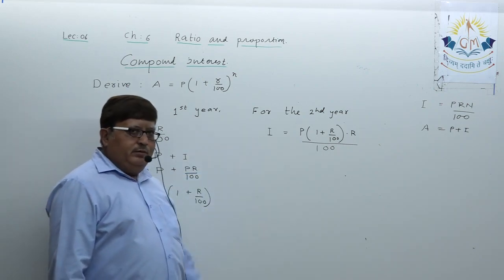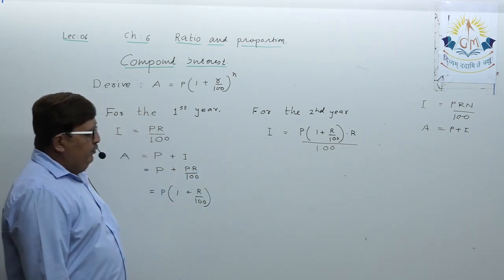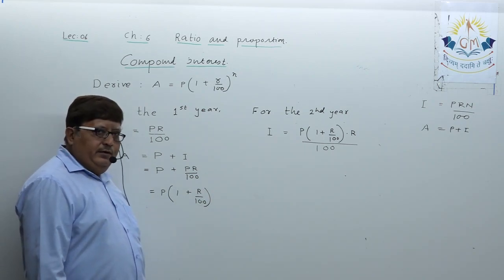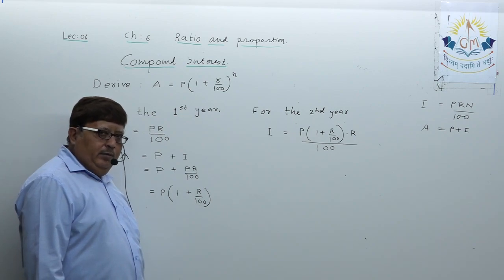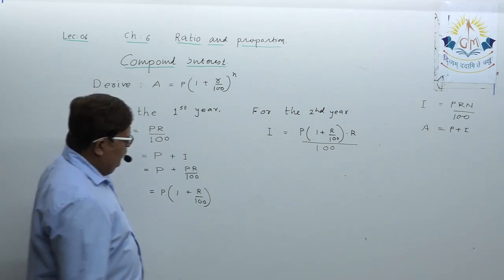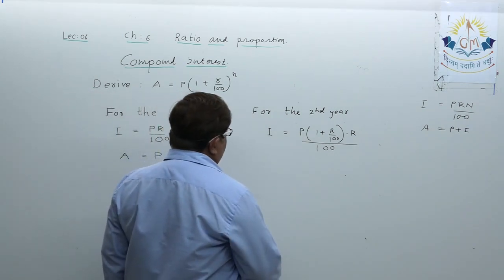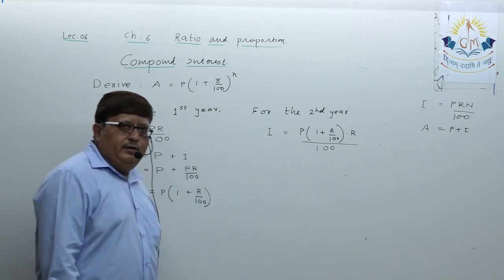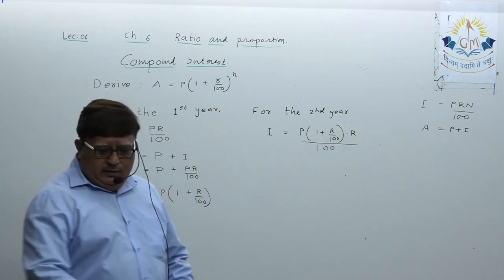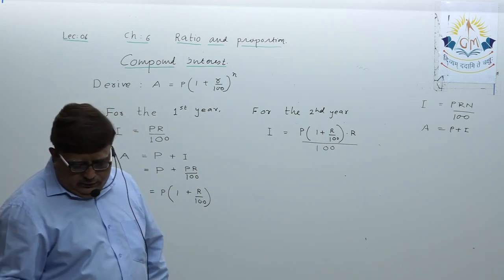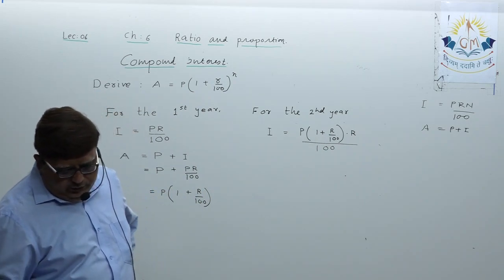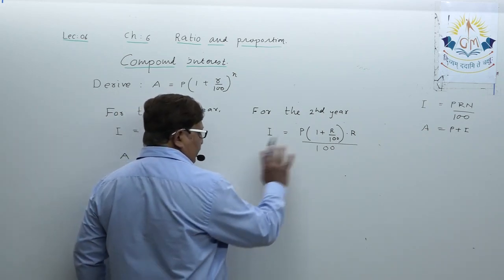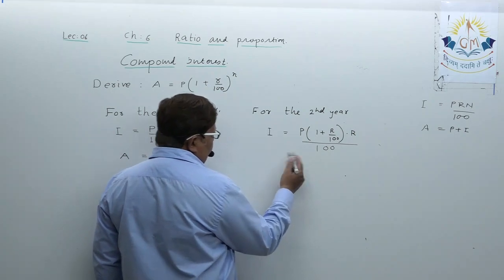After you count interest for the second year, let us try to find amount. Now this is what you understood very clearly. Okay, dear student. Now let us go for some of the basic which you need to understand. Is it clear in your mind?